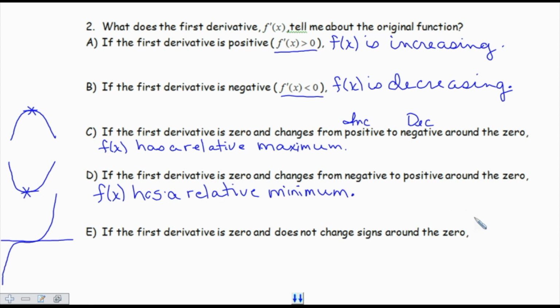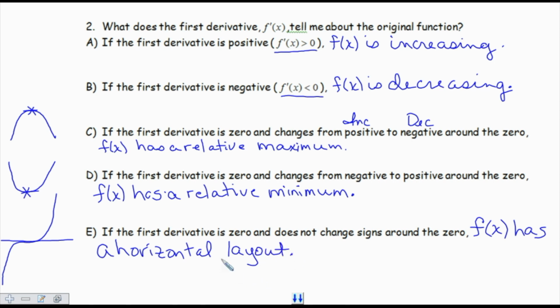So we say that is a horizontal, we got to talk about who. F of x, there we go, has a horizontal layout. Horizontal layout. And that means it kind of just lays out there for just a minute and then it's going to continue to go up.